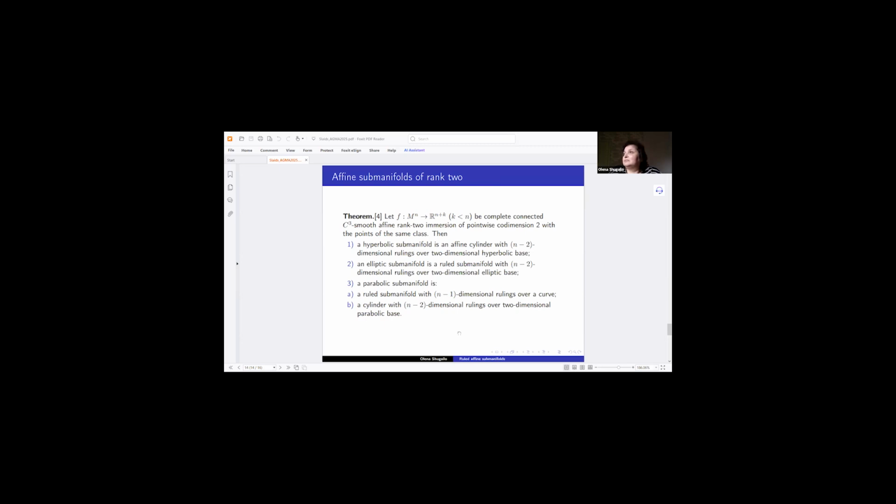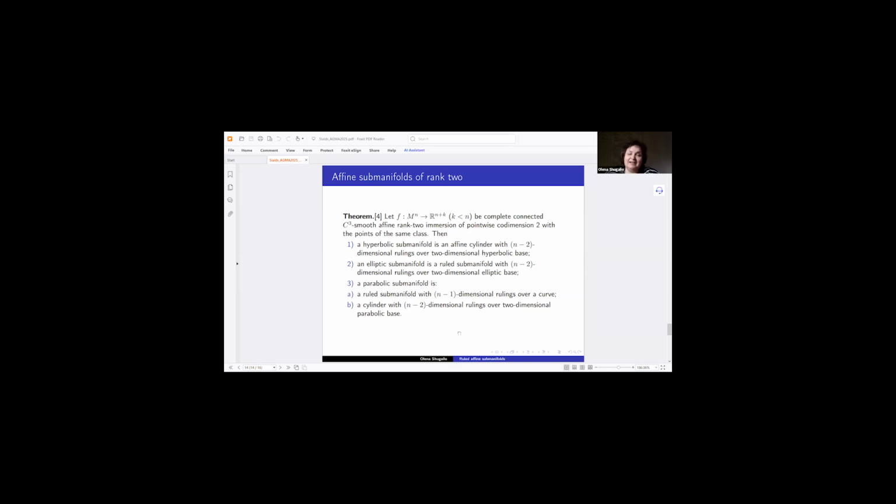So this approach is to study ruled affine submanifolds with different additional conditions. Obviously, we can't classify such submanifolds because there is no such simple way to describe all two-dimensional surfaces.